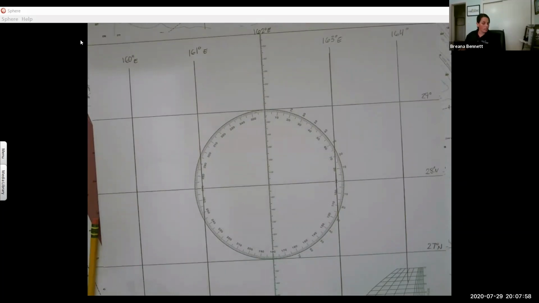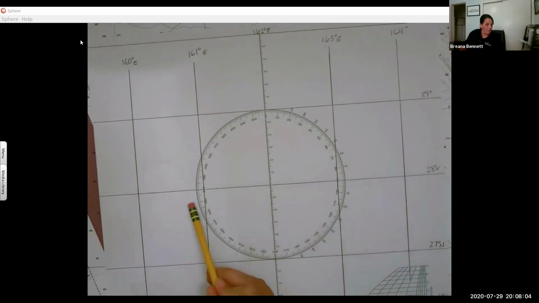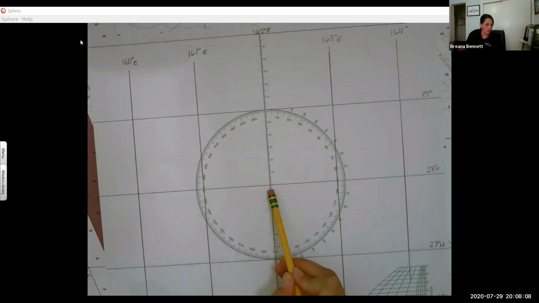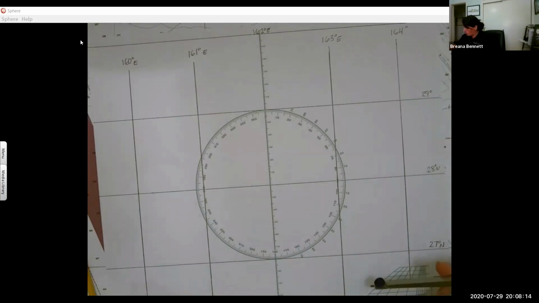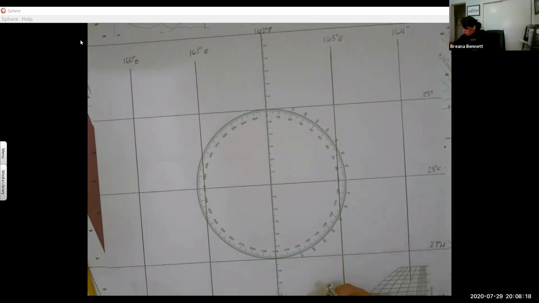So our first assumed latitude is going to be 28 degrees. So I'm going to be somewhere along this line. My assumed longitude is 162.33 east. I'm going to go 30, 32, 33, be right about there.